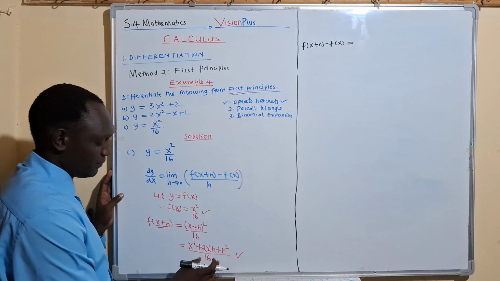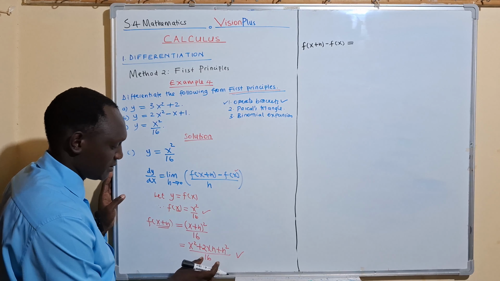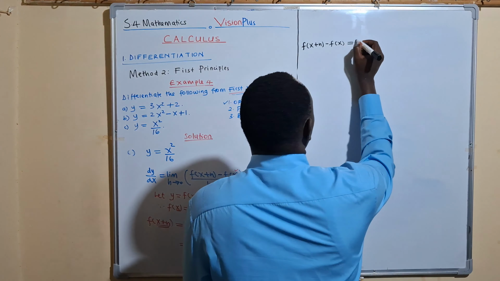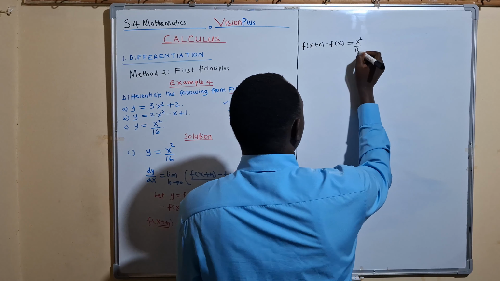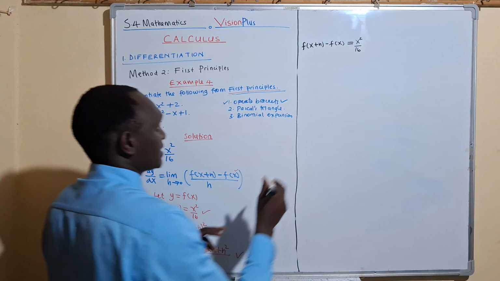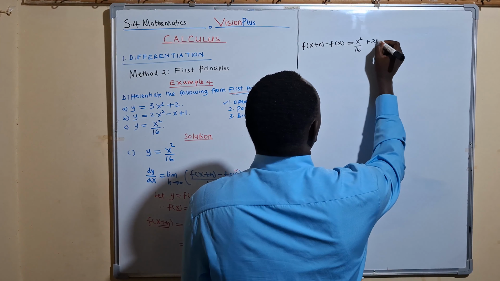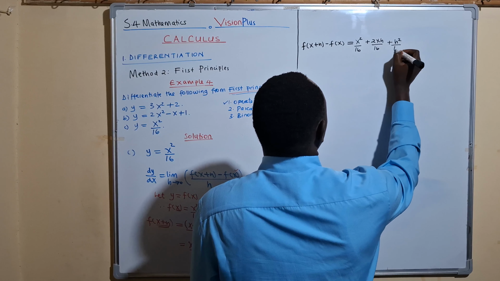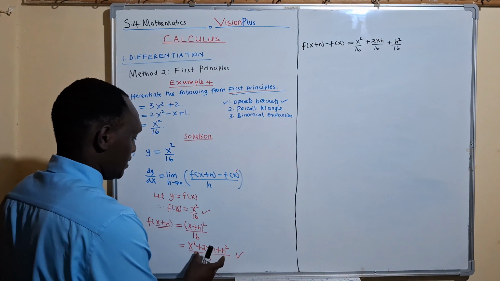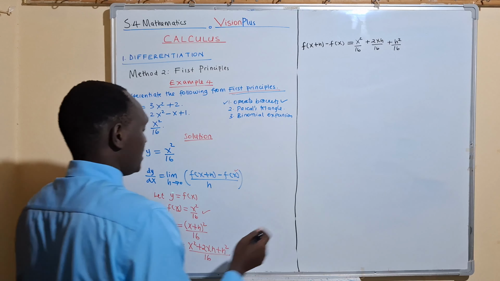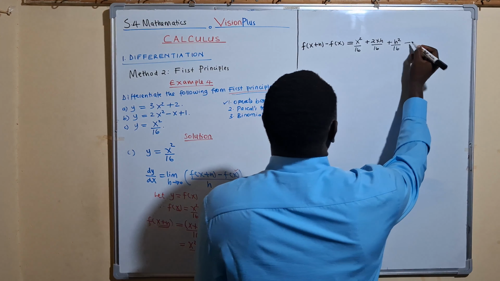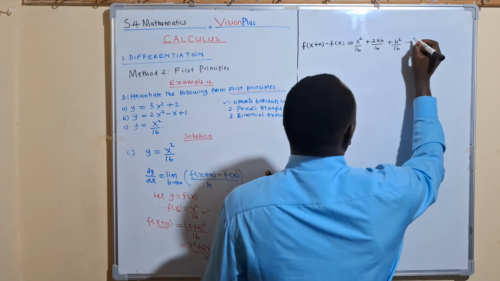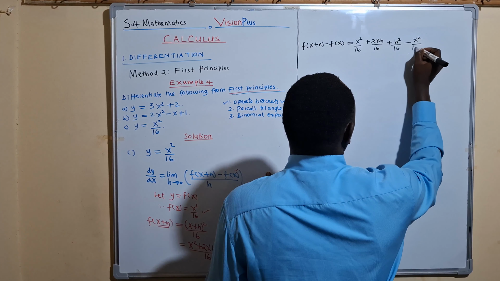Now, if you look at this, there is a denominator 16, which applies to all the terms. So let us distribute the denominator. It gives us x squared over 16, every term divided by 16, plus 2xh over 16 plus h squared over 16. Yes, every term divided by 16. Then we say minus f of x. f of x is a single term, so we can just say minus x squared over 16.